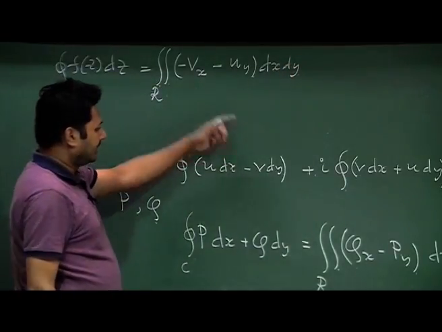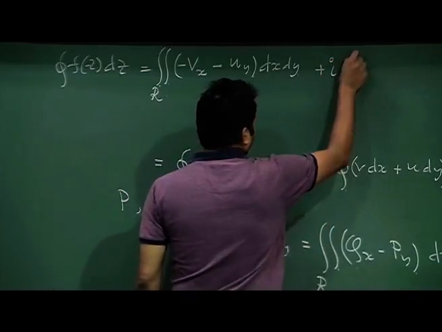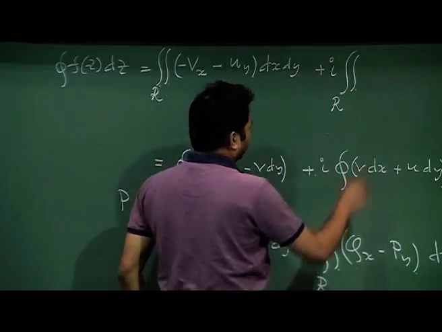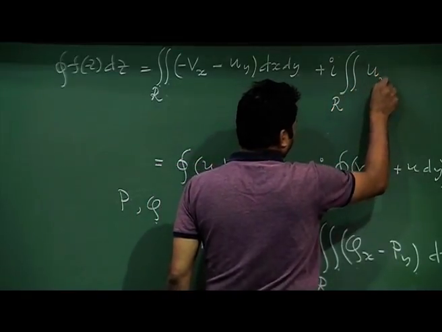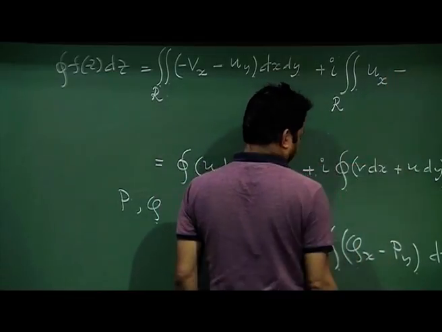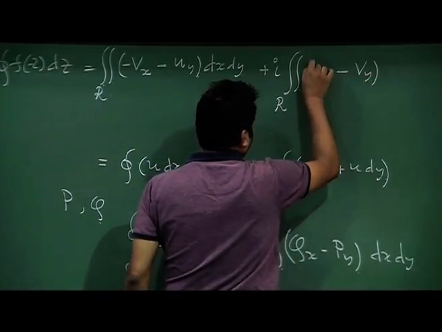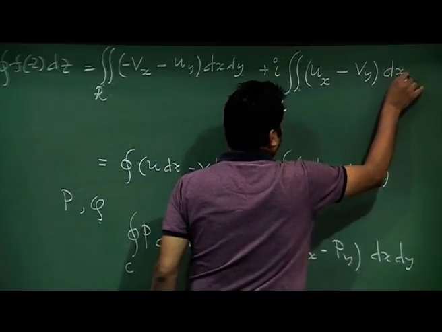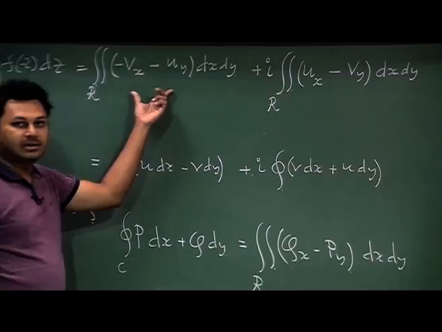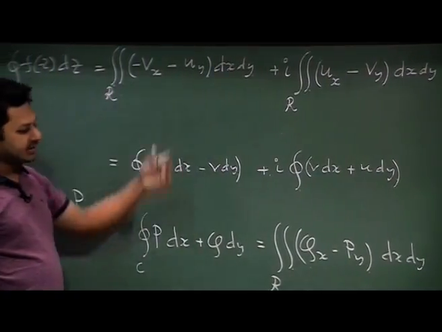This is the first part, and the second part plus i integration over this region u y, this u which is here, it should be u x minus this v will be v y dx dy. I landed up with this expression when I try to find out the total integration.